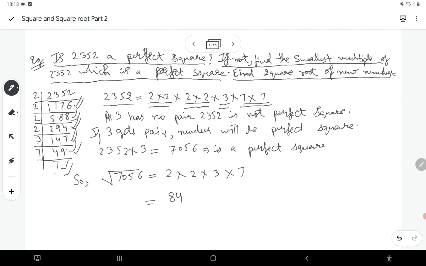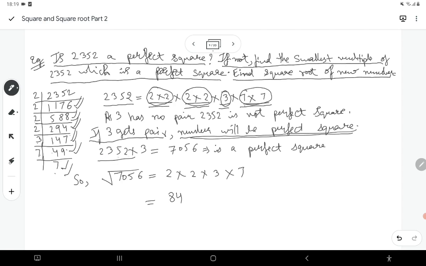We can see that 2 multiplied by 2 has a pair, another 2 multiplied by 2 pair, 7 multiplied by 7 pair, and there is one 3 left out which has no pair. So 2352 is not a perfect square, because if 3 had a pair then it would have been a perfect square.